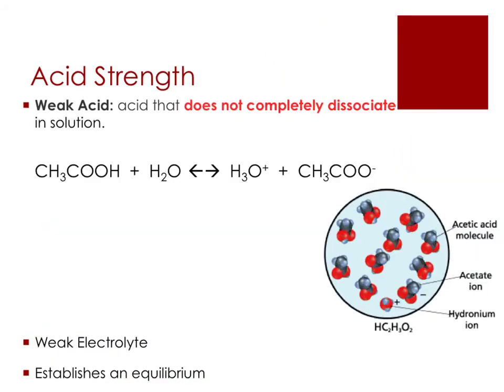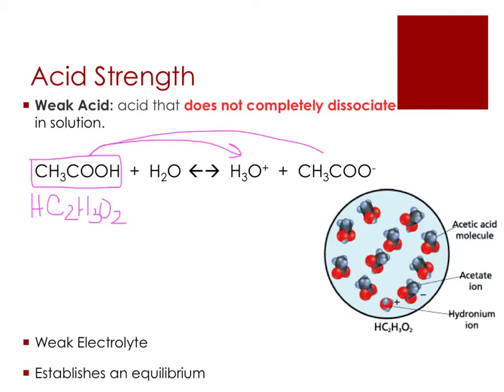Looking at an example of a weak acid, on the other hand, in this case we have CH3COOH, or if you prefer, HC2H3O2. These are the same thing. They're both acetic acid. This weak acid will dissociate to a much smaller extent, forming only some H3O+ ions and some CH3COO- ions, or C2H3O2- ions if you prefer the other notation.